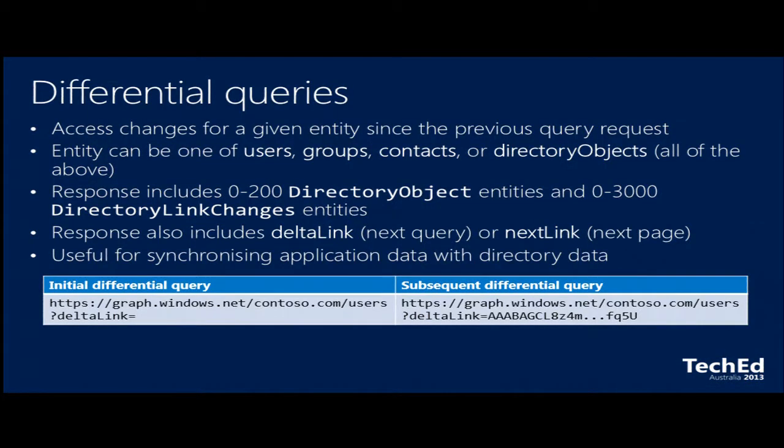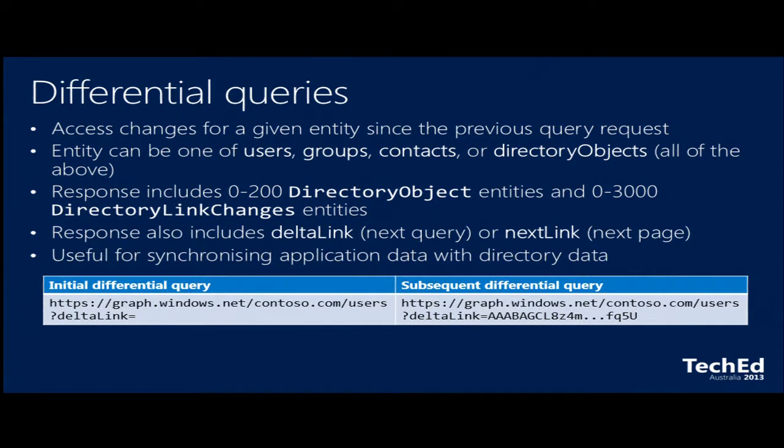In terms of the RESTful representation, it's a pretty simple URL. In this particular case, we're attempting to access the changes for the directory of users. This is the initial query on the left here. On the right here is the same query with a delta link, a token that was returned with my previous response that I send with my next request.